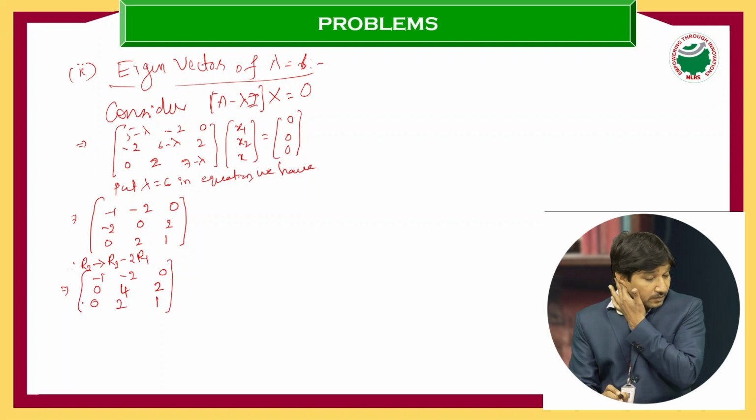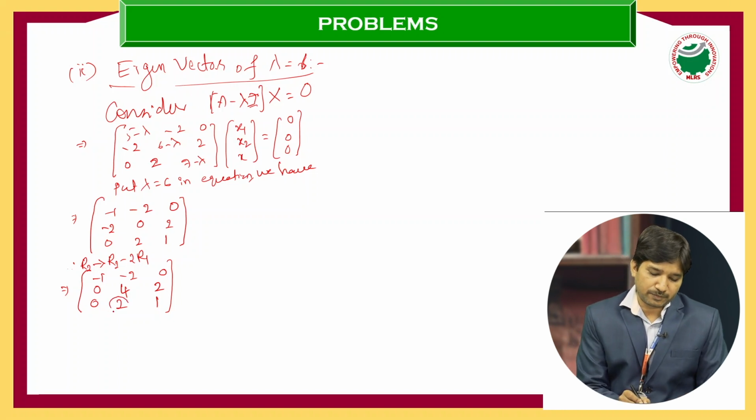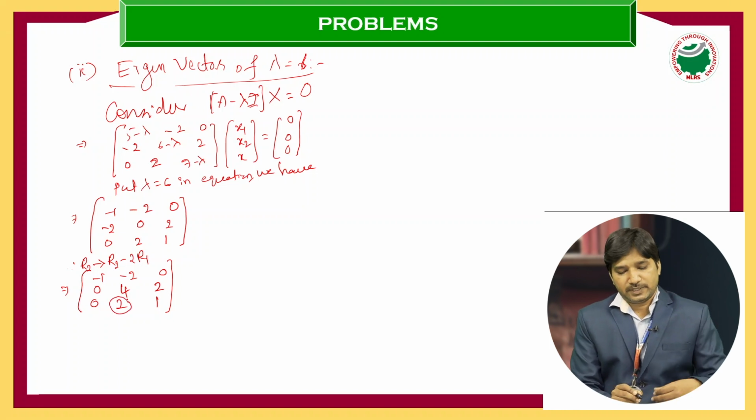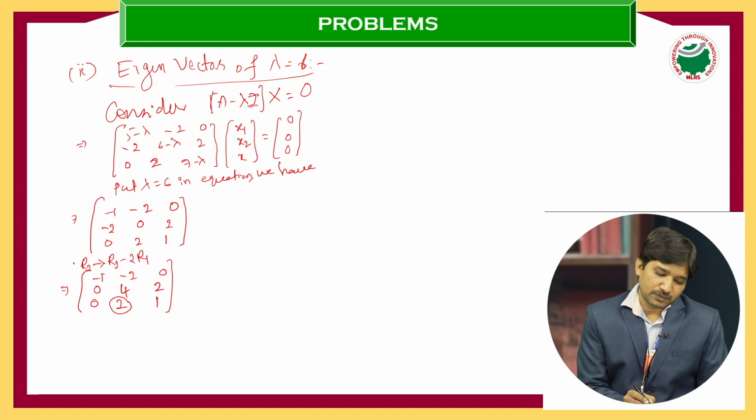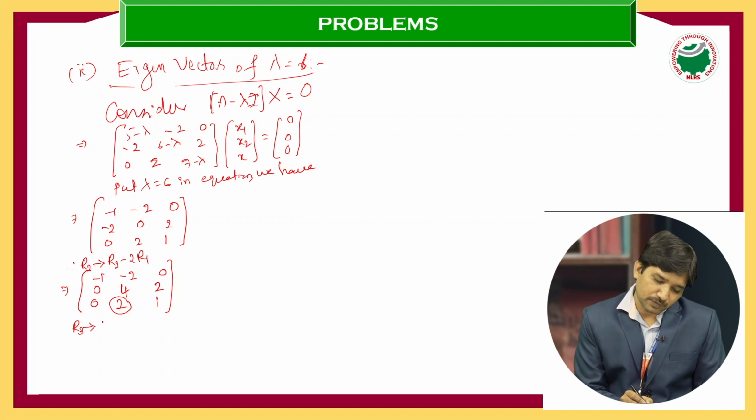Okay. So again applying row transformation in row 3, we have to make 0 of the element 2. So applying R3, multiply by 2 in row 3: 2R3 minus R2.